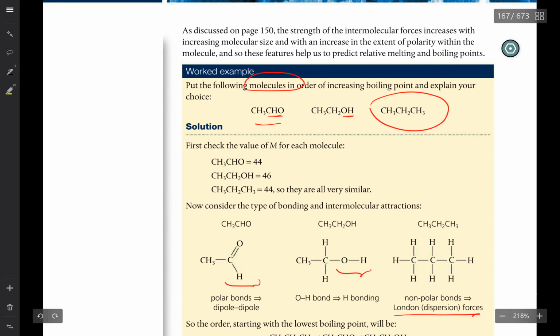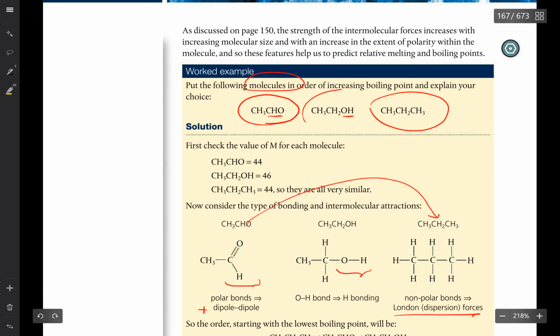The next one, CH3CHO, which is an aldehyde, the forces available between its molecules are London dispersion forces plus dipole-dipole attraction. So this shows that the attraction between these molecules is more than the attraction available between propane, CH3CH2CH3.